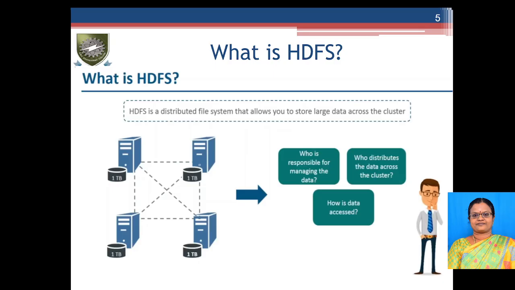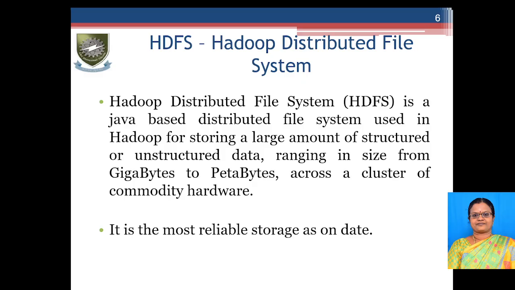Whenever I use a distributed file system, we have an answer for that, which we can see in the forthcoming slides. The Hadoop distributed file system is a Java-based file system used for storing a large amount of structured and unstructured data, ranging from gigabytes to petabytes, because it supports larger data storage across a cluster of commodity hardware.